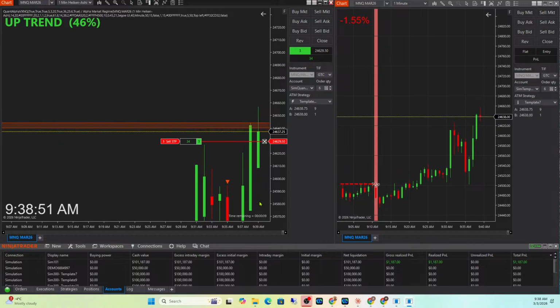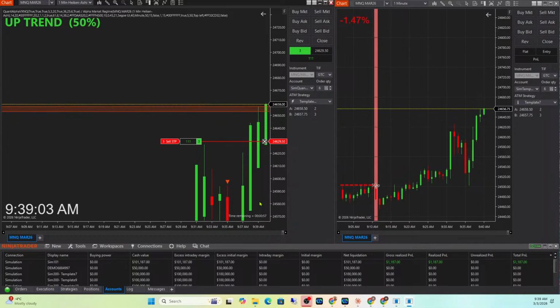If the second contract hits break even, I will take the second trade. And if the second trade is a max loss, I will take the third trade. If the second trade is profitable, regardless of whether the first or second target hit, I will be done.